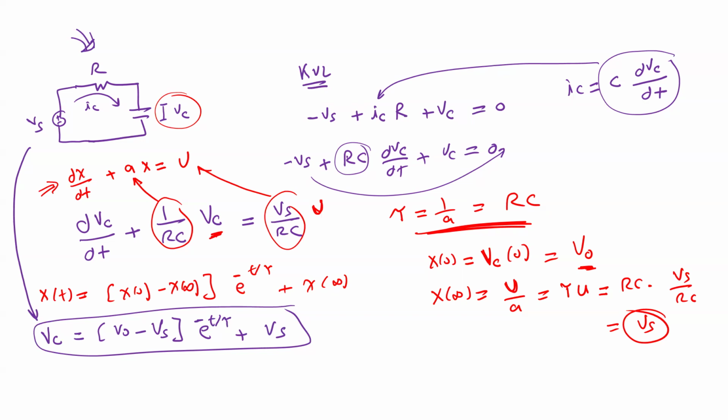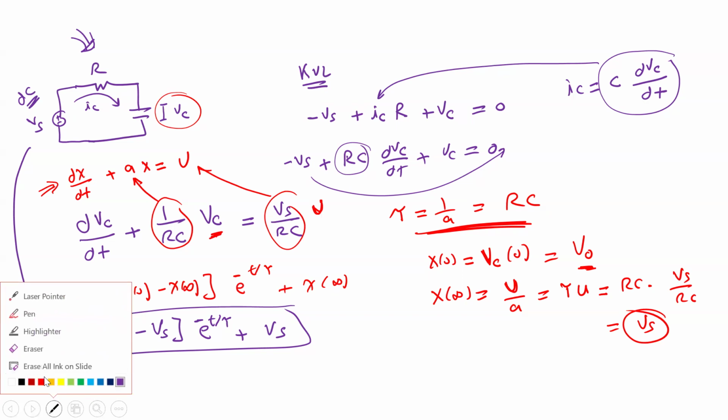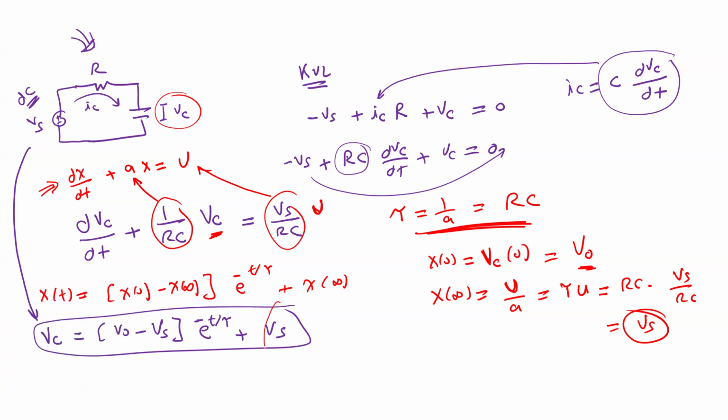When you have C, R, and a DC voltage source, not AC, this is the solution. If you look at it, this part is the steady state solution, and this is the transient part, which is only for a short period of time. Any questions, guys?